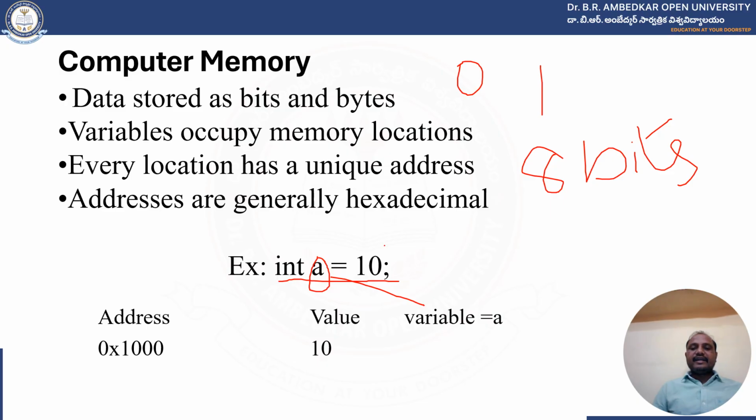When we declare a variable and assign some value to it, it will be stored in the computer memory. So value 10 will be stored in the variable a, and the address of a will be in hexadecimal format, like 0x1000. Any value that must be stored in the memory will have some unique address.